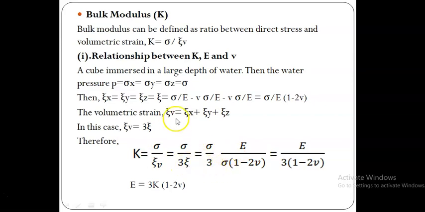We know epsilon is equal to sigma by E into 1 minus 2 nu. So E comes to the numerator, giving K equal to E divided by 3 into 1 minus 2 nu, from which we can find E is equal to 3K into 1 minus 2 nu. So this is one relationship between elastic constants.